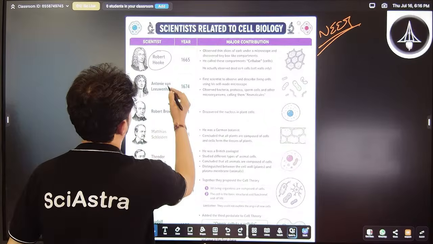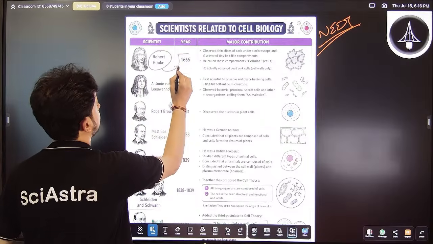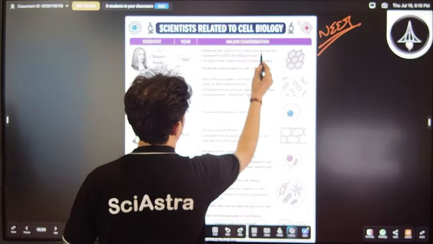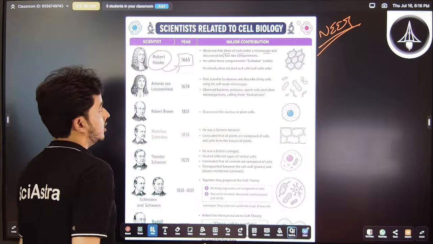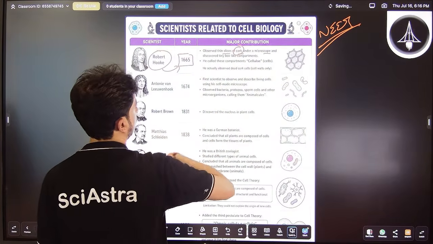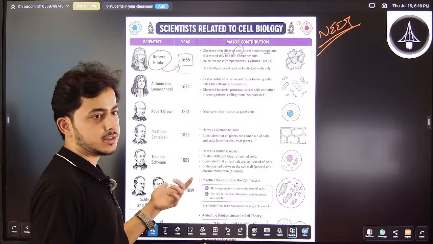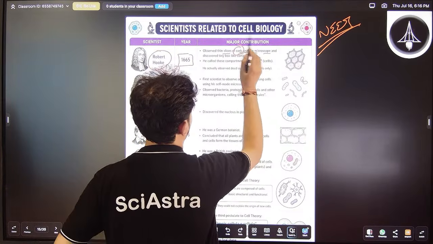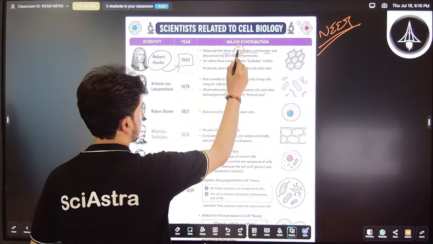Okay. So in the year 1665, Robert Hooke observed thin slices of cork under a microscope. You know what cork is, right? That is the bark of the tree. In anatomy I will tell you what cork is.